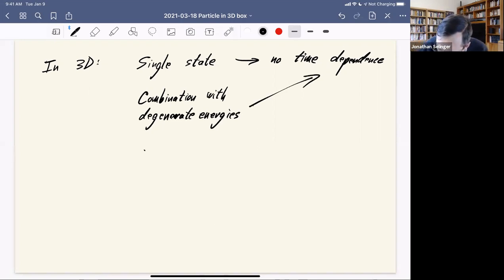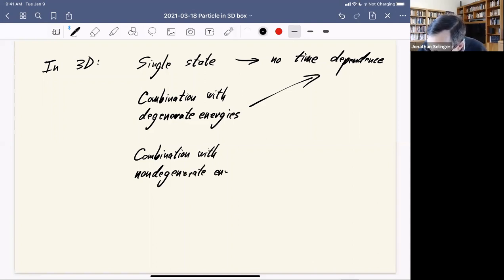And it's only if you have a combination with non-degenerate energies that you have time dependence.